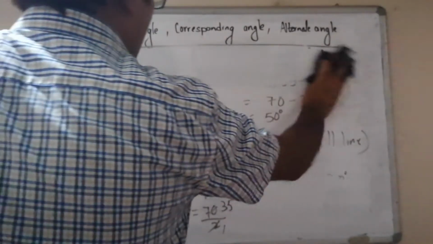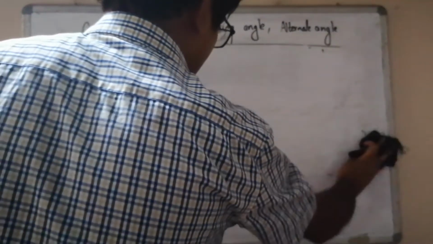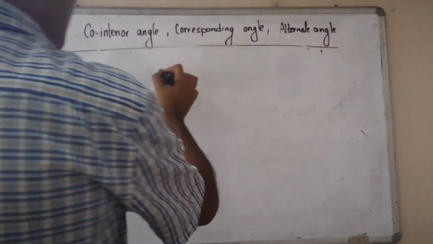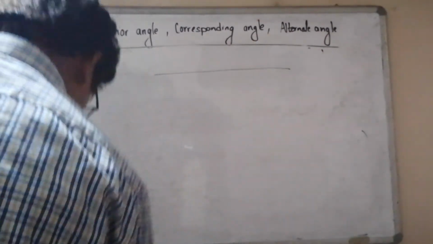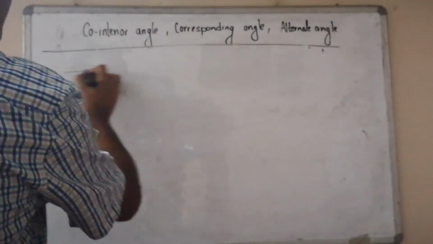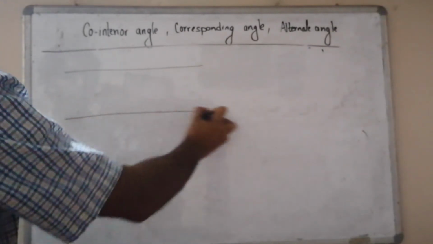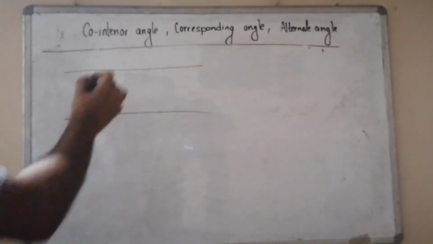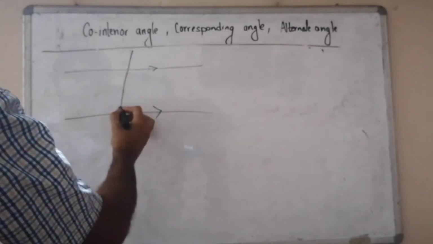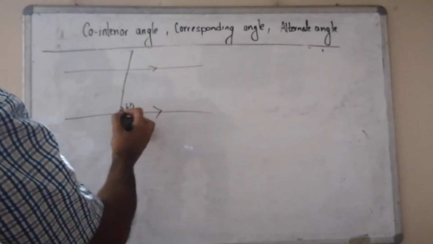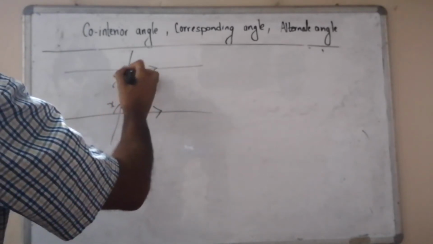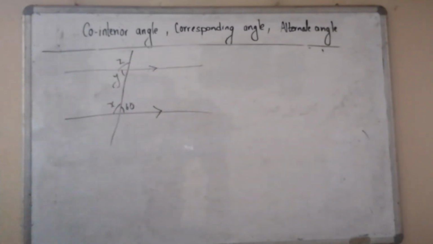So now I'm going to solve another problem. So this must be the compound problem. So if these two lines are parallel lines here, and this is the transversal, and if it is 60, and this is x, this is y, and this is z here.